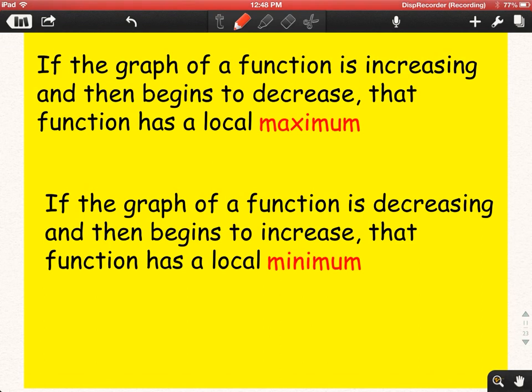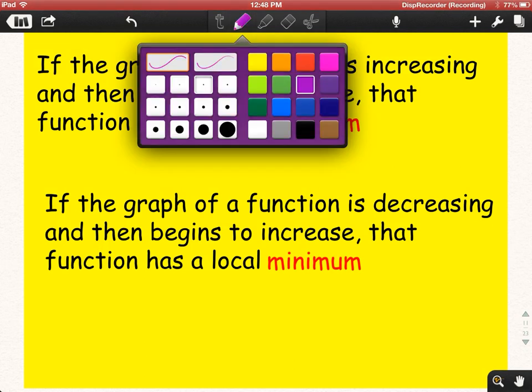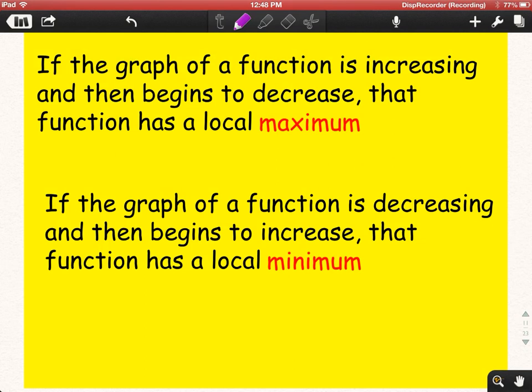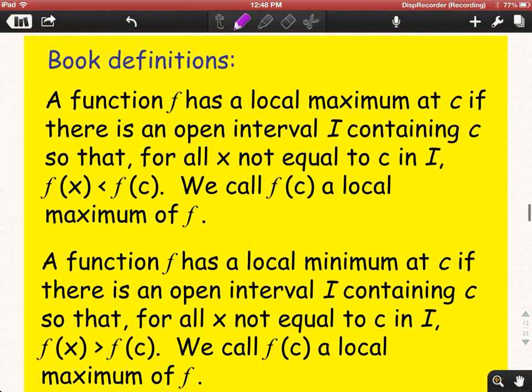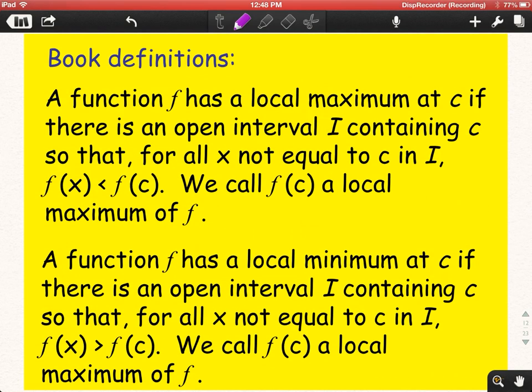Now something that should be pretty obvious is that if you think about being on a roller coaster, you go up the roller coaster, you get to the top, you usually pause for effect to scare you a little bit, and then you come back down. So when you change from increasing to decreasing, you are creating a maximum, and vice versa. If you were decreasing and then you start increasing, you've created some minimum.